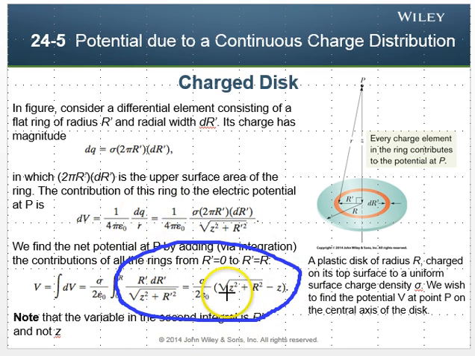But from this integral, the dependence is on z, the square root of z squared plus R squared minus z.